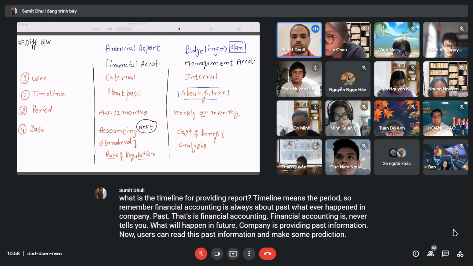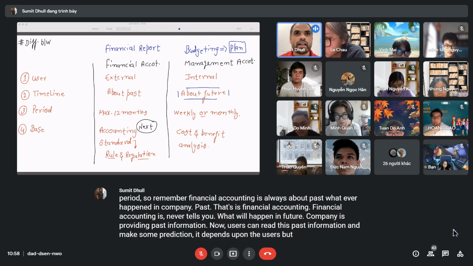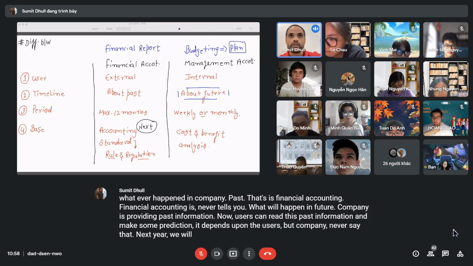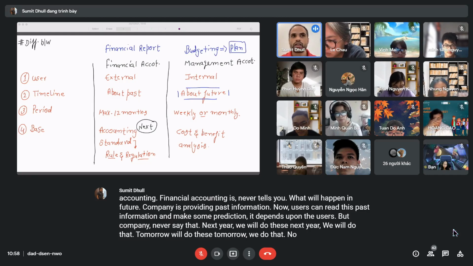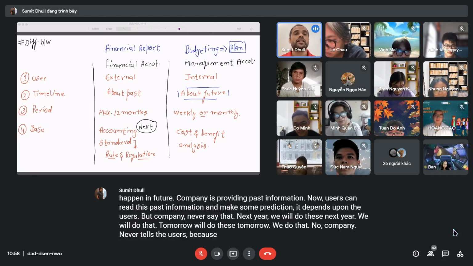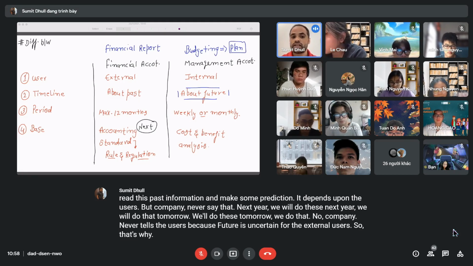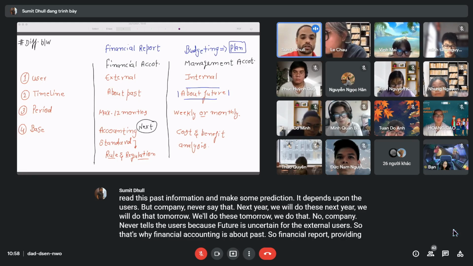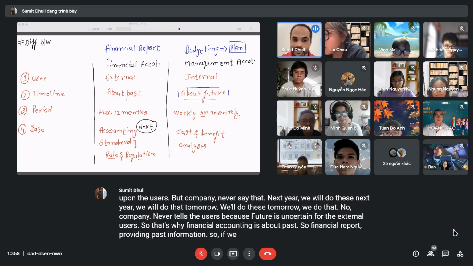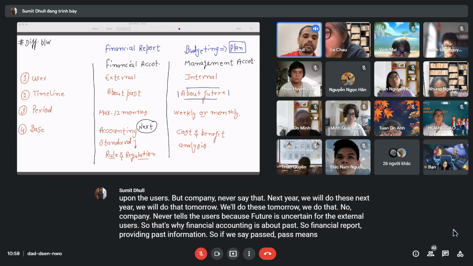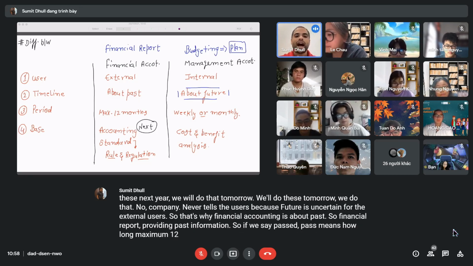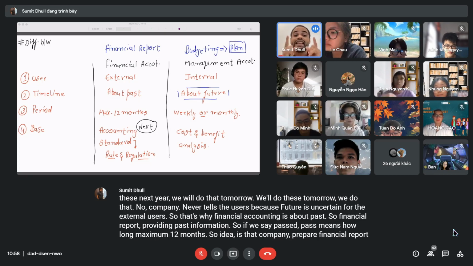It depends upon the users. But the company never says that next year we will do this, tomorrow we do that. No. The company never tells the users because the future is uncertain for the external users. So that's why financial accounting is about the past. So the financial report provides past information. So if we say past, how long? Maximum 12 months. So the idea is that the company prepares a financial report every year.